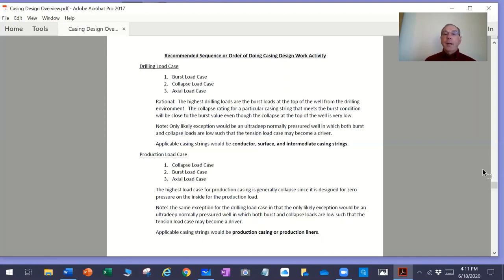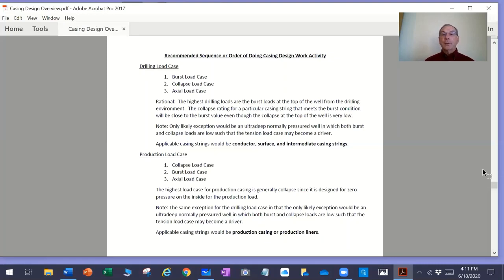So that would not be high strength in terms of burst or collapse, but it would probably be driven by a tension load case on a really deep, normally pressured well. But that's pretty much an exception. I haven't had too many wells that fell into that, but it does occur on an ultra deep, normally pressured well.